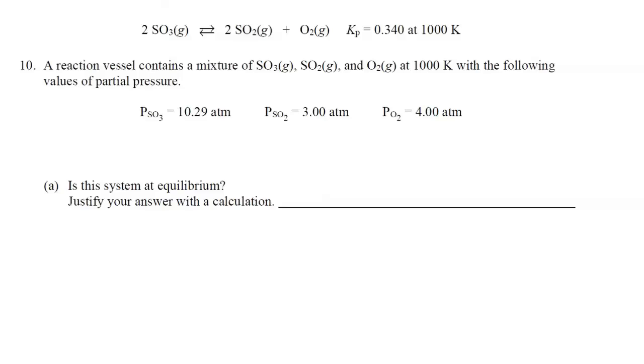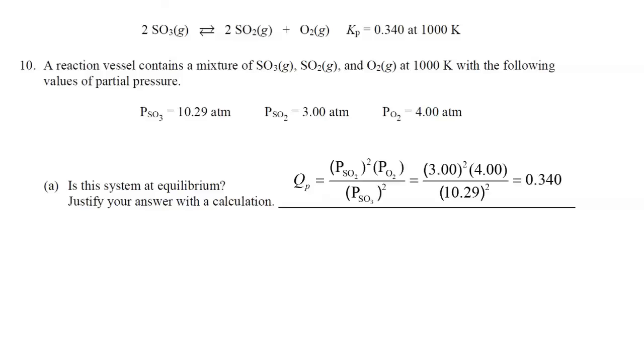So it's going to be products over reactants. It's going to be pressure of SO2 squared times pressure of O2 divided by the pressure of SO3 squared. So the math you're going to plug into your calculator would be 3 squared times 4 divided by 10.29 squared.